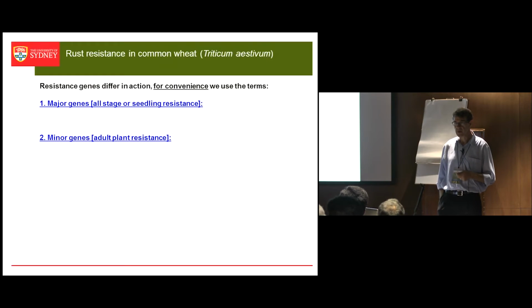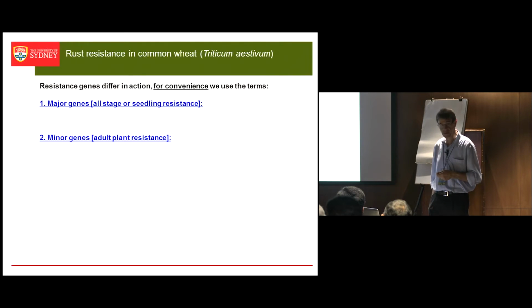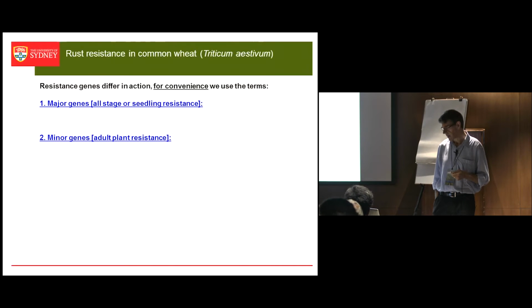Probably the most common terminology used when we're talking about resistance in this day and age is major gene resistance and minor gene resistance. These are some of the most common terms you'll hear, and they are more or less, but not completely, the same as saying, for major gene resistance, all stage resistance or seedling resistance, and for minor resistance, adult plant resistance, okay?